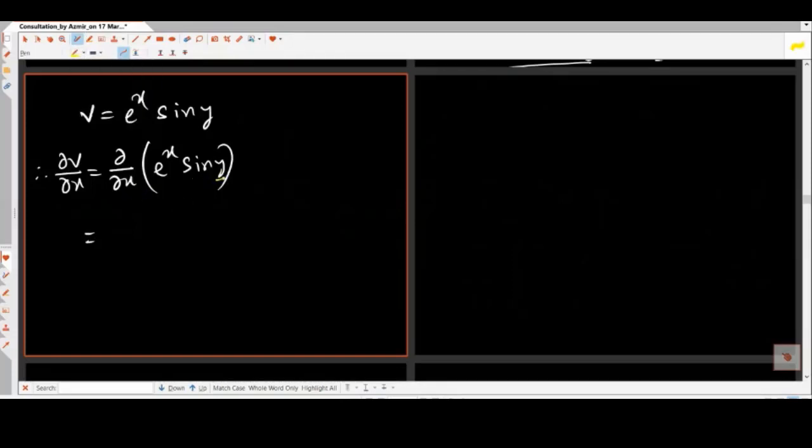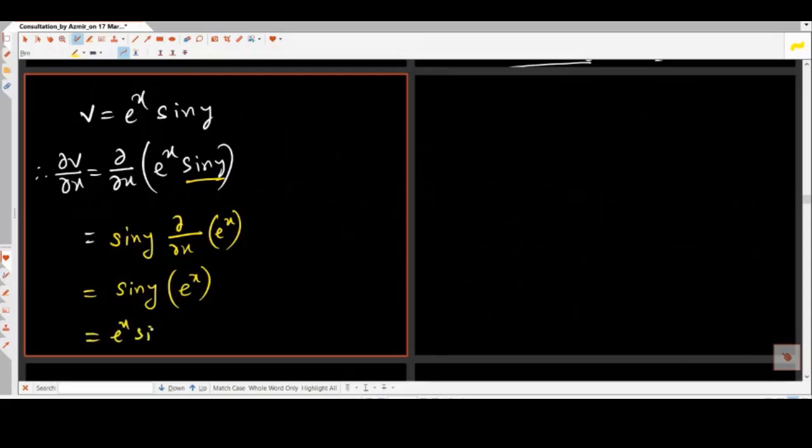That means y is constant, so sine y is also constant. So sine y is taken before. So d dx of e to the x, and differentiation of e to the x is the same, e to the x. So that is e to the x sine y. So this is dv dx.